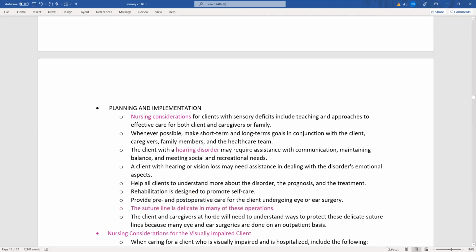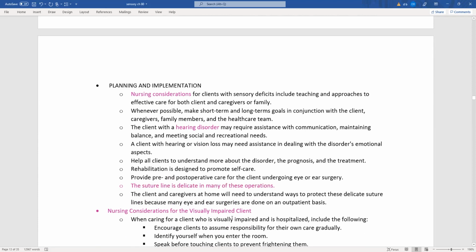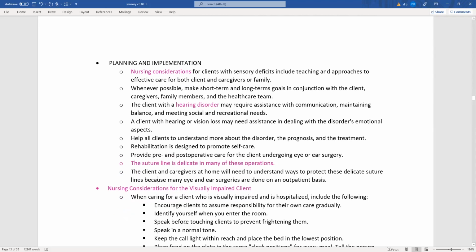The client and caregivers at home will need to understand ways to protect these delicate suture lines because many eye and ear surgeries are done on an outpatient basis. So it's very important that we're teaching, and they understand how to protect the suture line. Because you can even fart and disrupt that. So make sure you teach the clients that and the family.